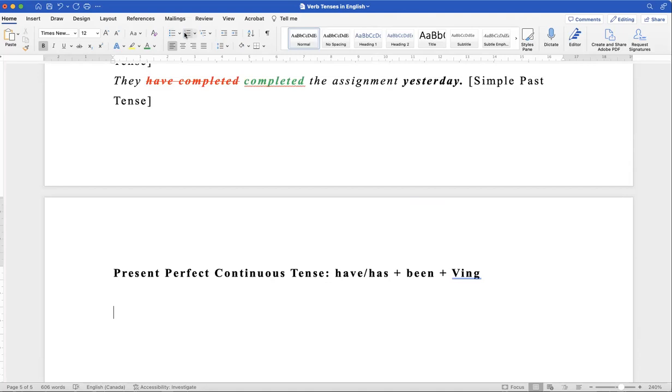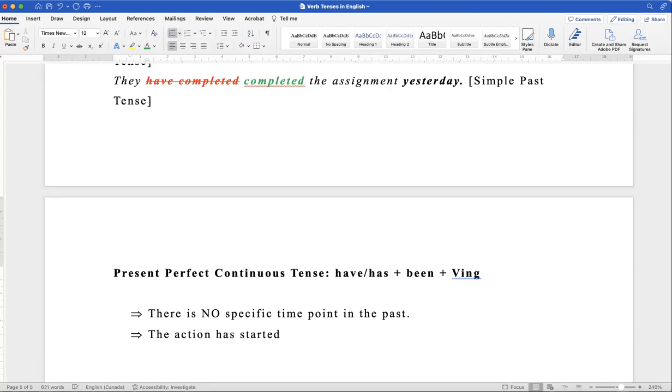Here again, there is no specific time point in the past. The action has started at an uncertain point in the past, and it is still in progress. It is still continuing.